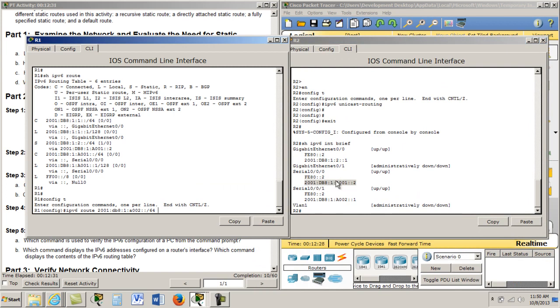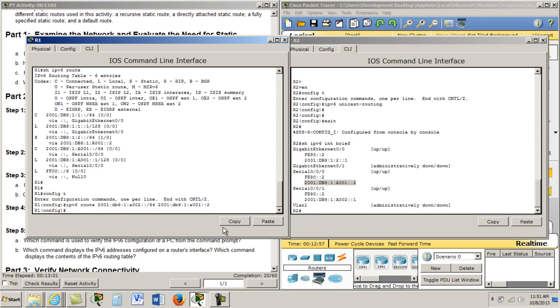That is the IP address of the serial 0/0/0 interface of R2, and that is our next hop from R1. So we'll plug that in there. Remember, this is a recursive route entry that we're adding because it uses a next hop instead of an interface ID. Okay? So that one should be now showing.